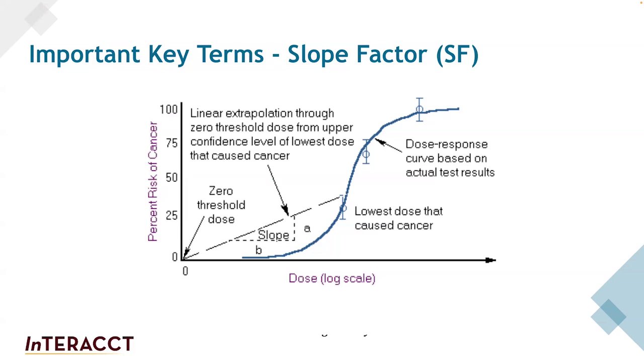The slope of this line, often labeled as A over B, represents the slope factor. It gives us a way to estimate the increased probability of cancer per unit of exposure to a carcinogen.